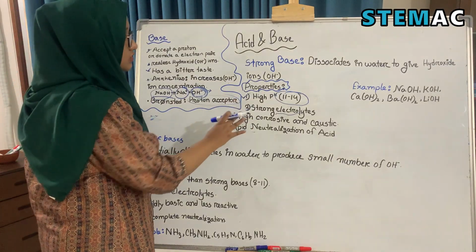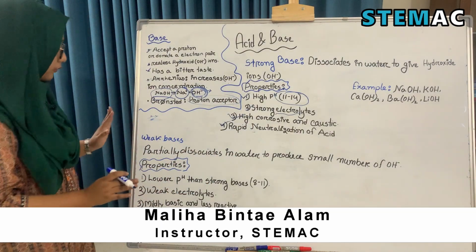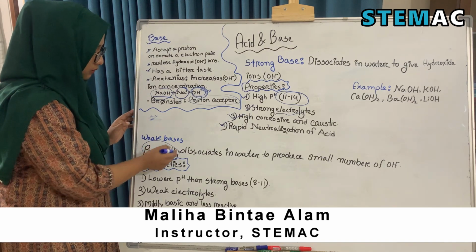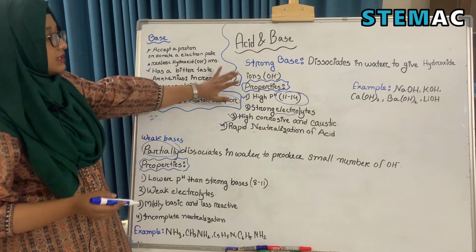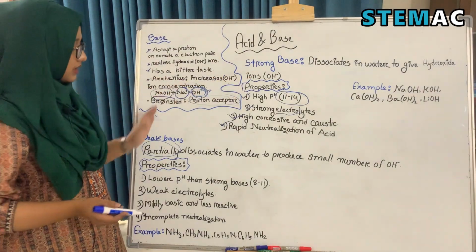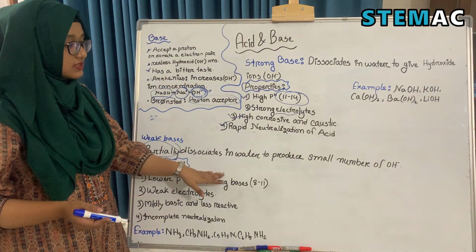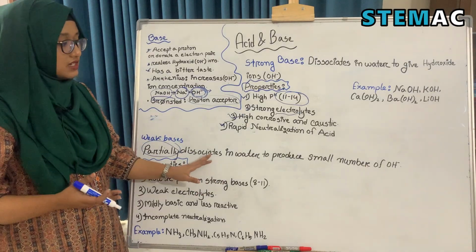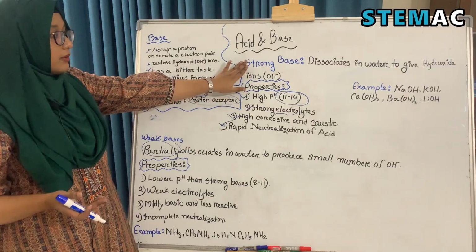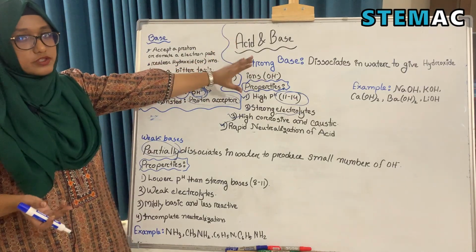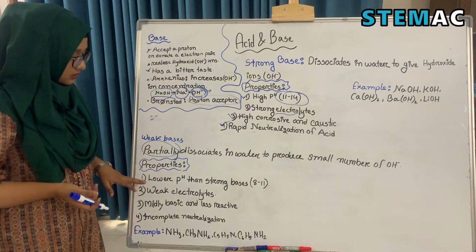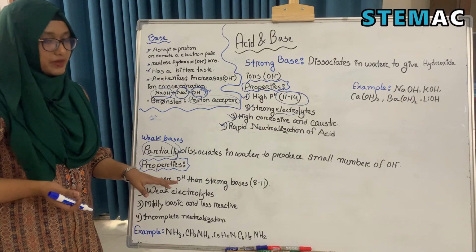So this is for the strong bases, and now we're going to learn about weak bases. Here we also see the word partially. In the case of a strong base, it completely dissociates in water, but a weak base partially dissociates in water, so it produces a small number of OH-, whereas we get a larger amount of OH- from a strong base. For the properties, weak bases have a lower pH than strong bases.